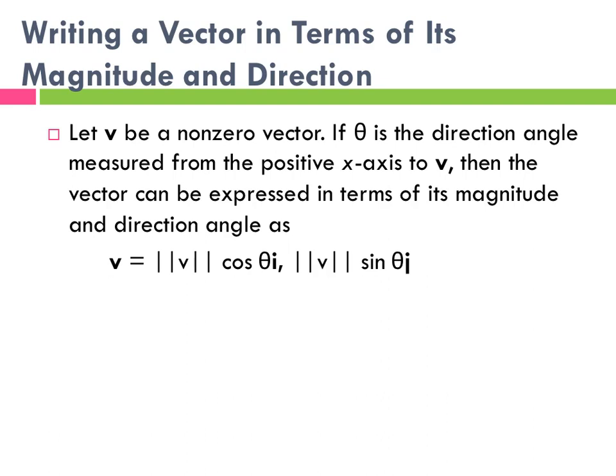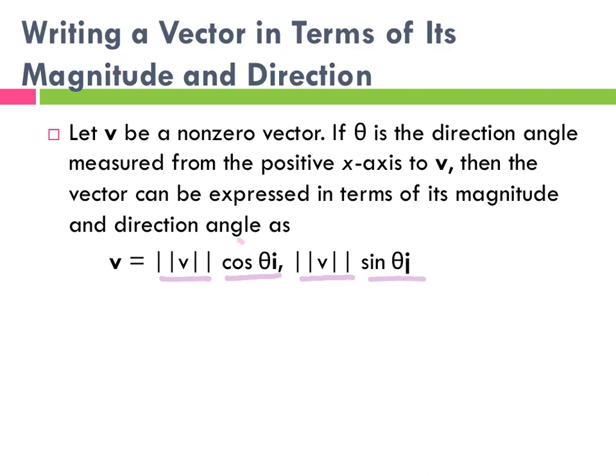Writing a vector in terms of its magnitude and direction. So now we're going to kind of work backwards. It says let V be a non-zero vector. So you already have the magnitude. If theta is the direction angle measured from the positive x-axis to V, then the vector can be expressed in terms of its magnitude and direction angle as the magnitude of the vector times the cosine of theta, and the magnitude of the vector times the sine of theta.